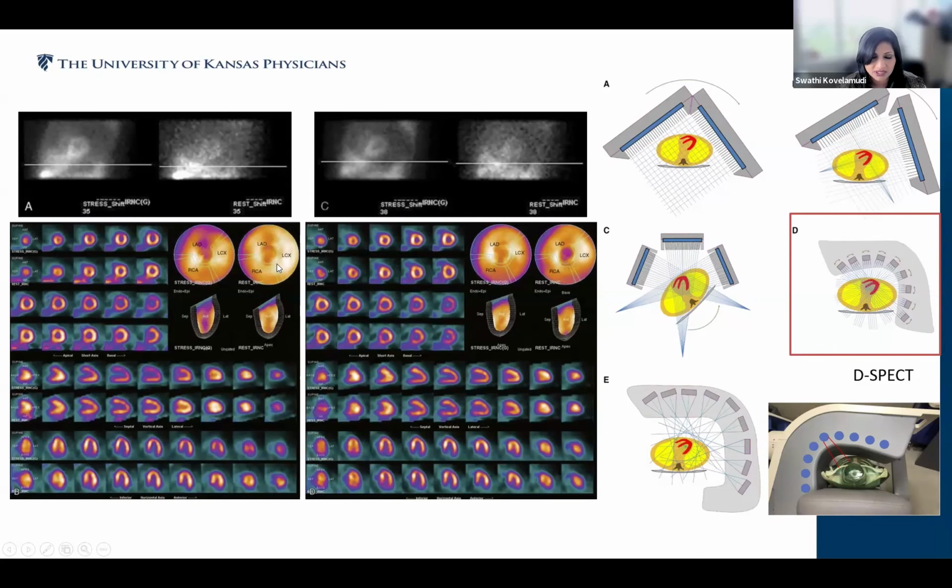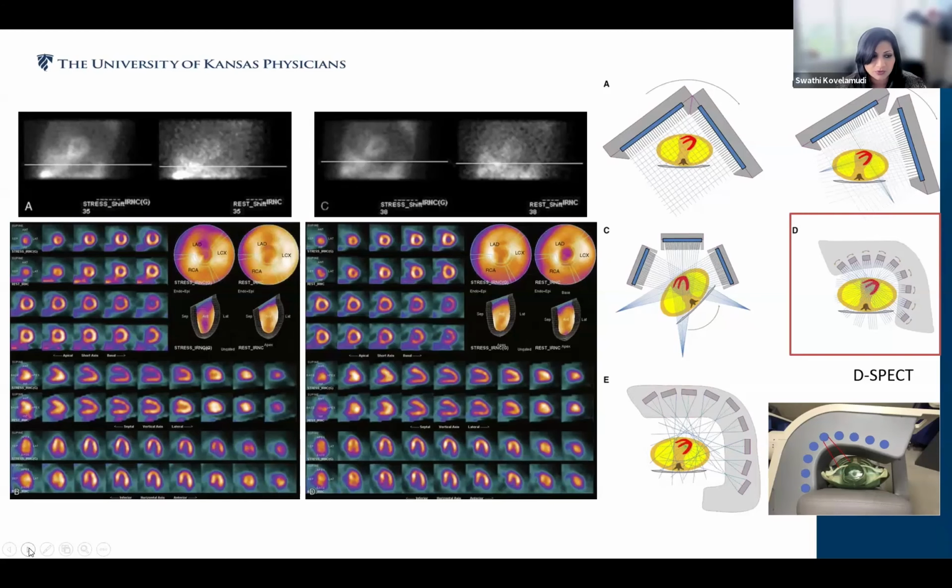So for example, on the stress images on the right, you see a lot of purple on the LAD territory, and it goes away at rest. This is all because in stress, this woman's breast decided to shift over the LAD territory and caused a false artifact. And when we repositioned the breast in the second set of pictures, that artifact resolved.